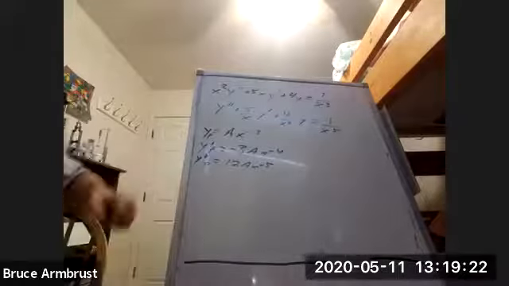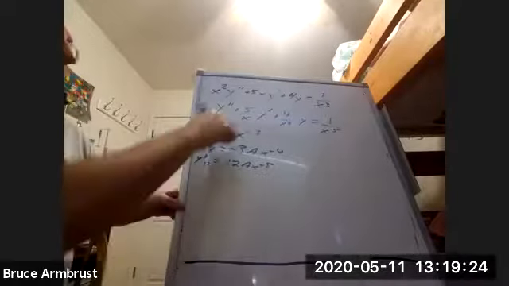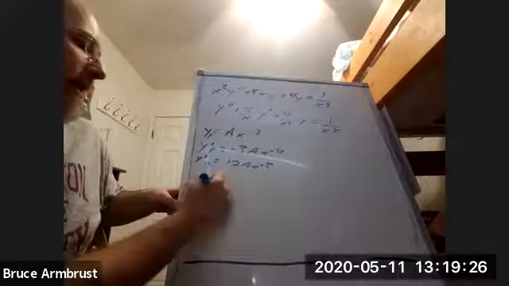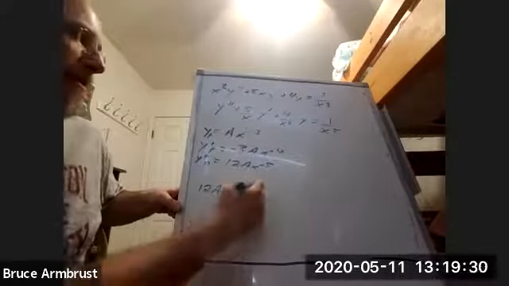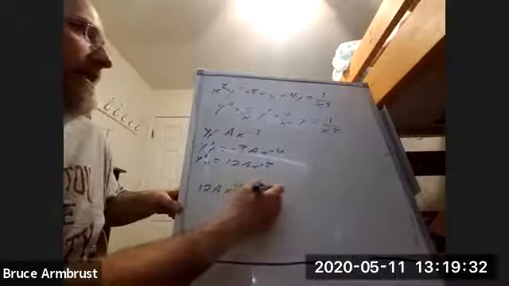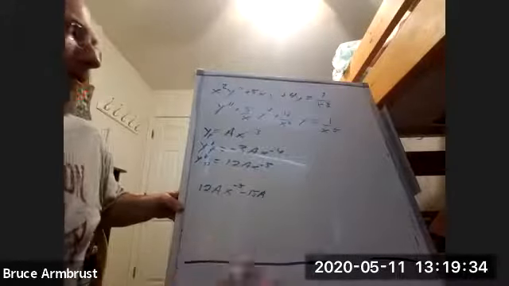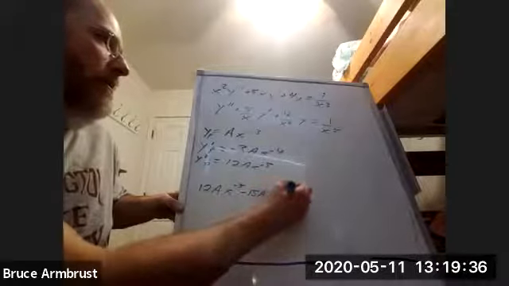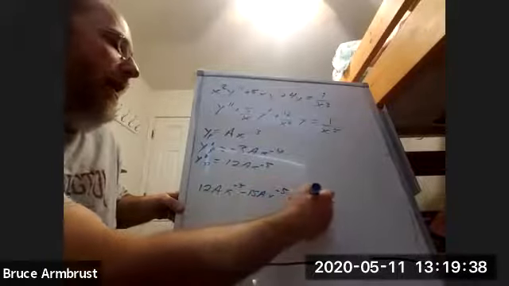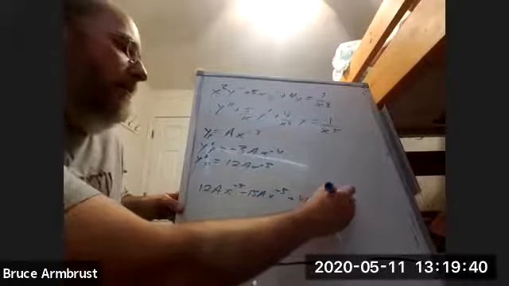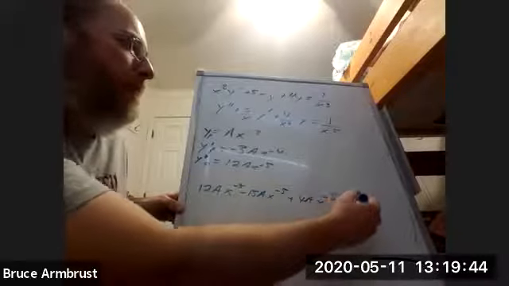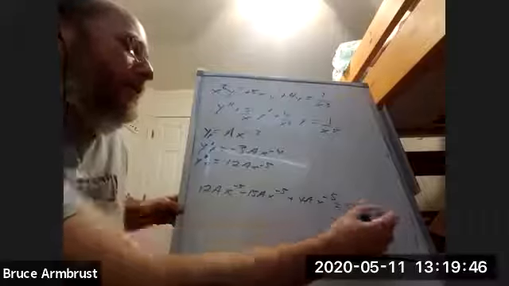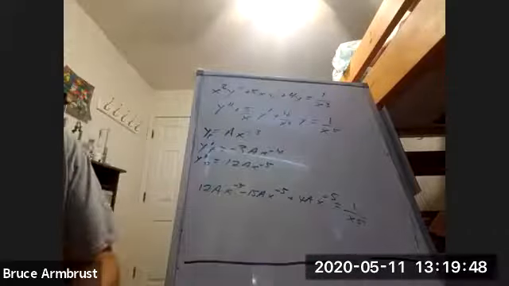So let's put those into the differential equation. We're going to get 12a x to the minus 5 minus 15a x to the minus 5 plus 4a x to the minus 5. And what we need that to be is 1 over x to the 5.